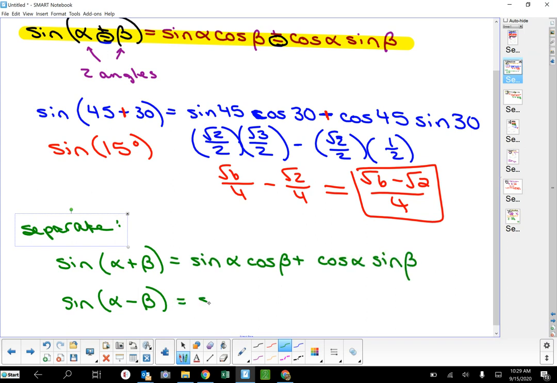And then you have sine alpha cosine beta minus cosine alpha sine beta. Like if you need to do that for yourself and separate these, you could have 2 for sine, 2 for cosine, 2 for tangent. So I would make these all a list somewhere. I made them separately and did examples separately, but I would put them all in the same place somewhere in your notes. Sine, cosine, tangent, all 6 in the same place, so you know exactly what you're looking at.